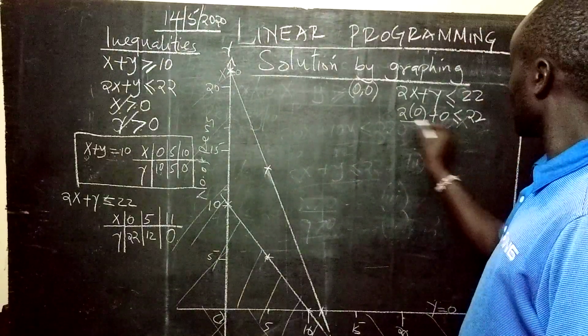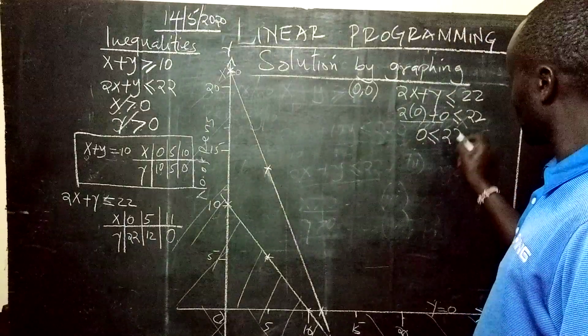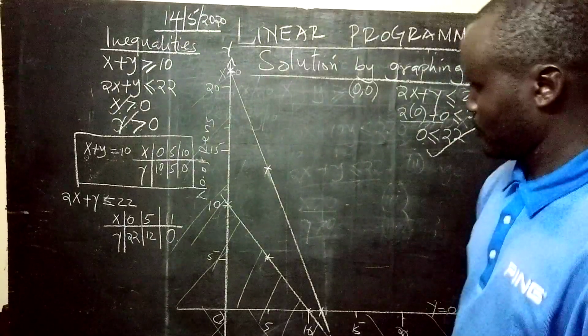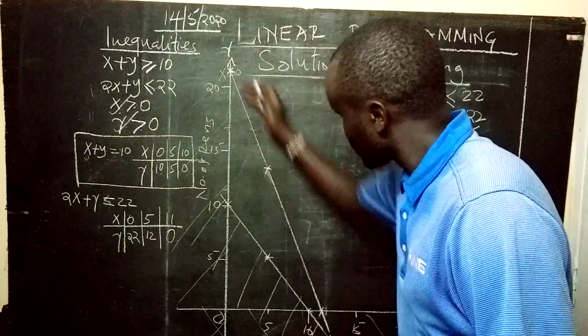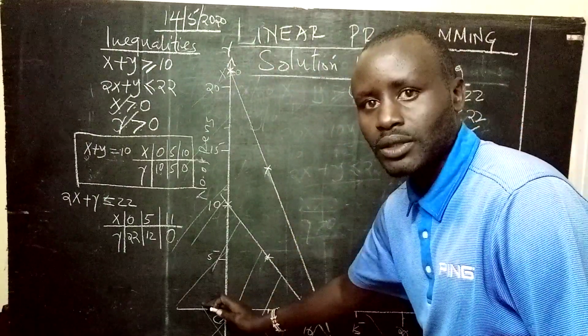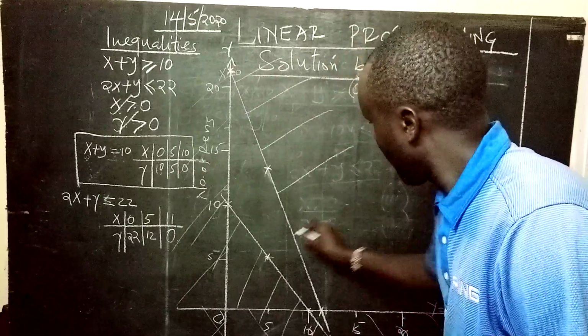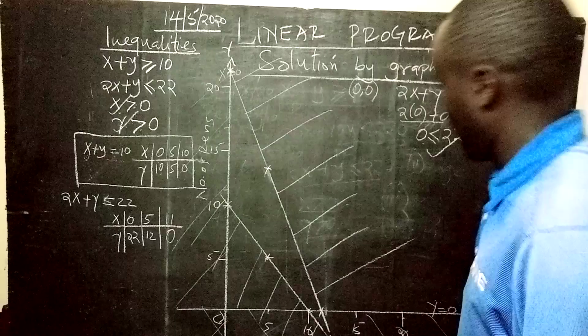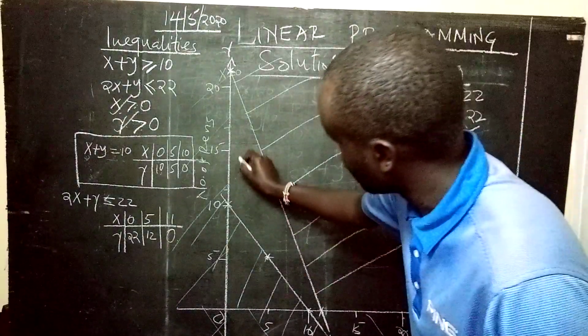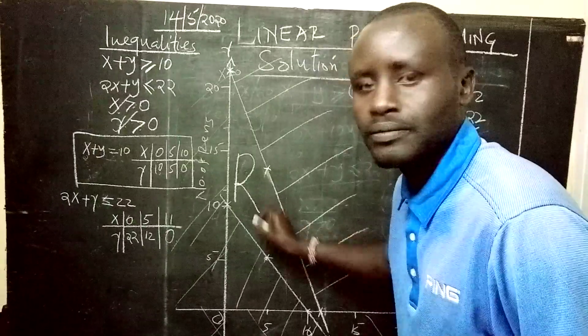Then we know all this will give us 0. Is 0 less or equal to 22? We say yes. Meaning this region, according to this line, is wanted. Meaning we are going to shade the other one, so our wanted region is this.